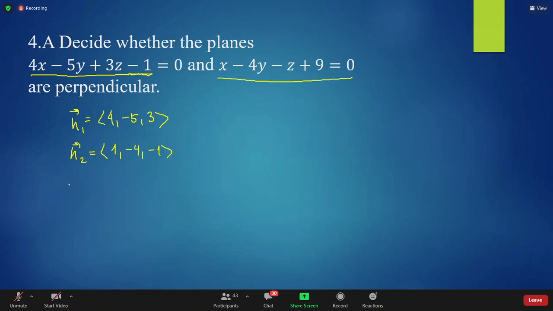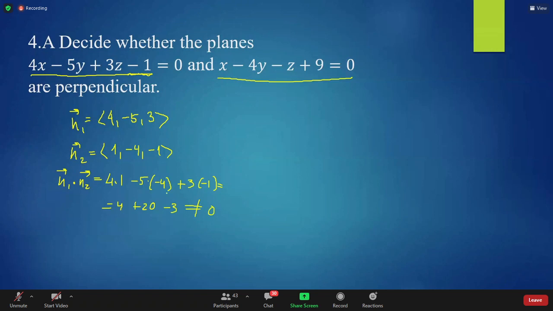Now let us check. So n1 times n2, the scalar product of these vectors, is it 0 or is it not 0? So let's see. 4 times 1 minus 5 times -4 plus 3 times -1. This is 4 + 20 - 3. No, it's not equal to 0.